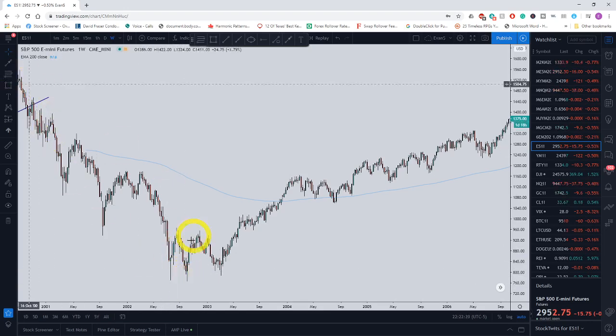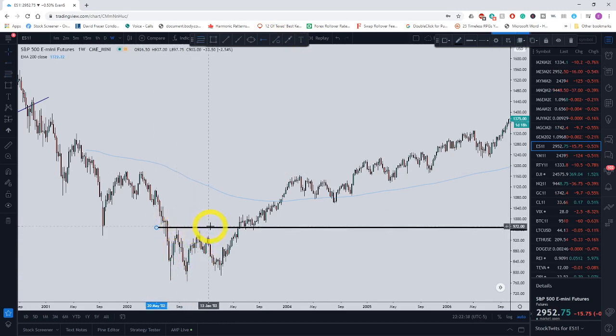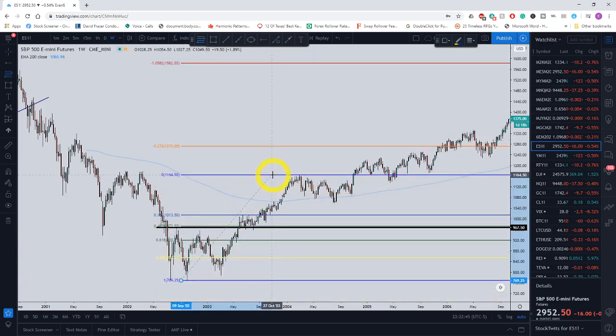So what I look for when that happens is this move right here. It needs to break this previous high. So you have that first spike low, there's the high, second spike lower low. Then once this spike high gets broken, we'll just draw a line right there to make it easier to see. Once that line gets broken, I start looking for a retracement to at least the 38.6% level.